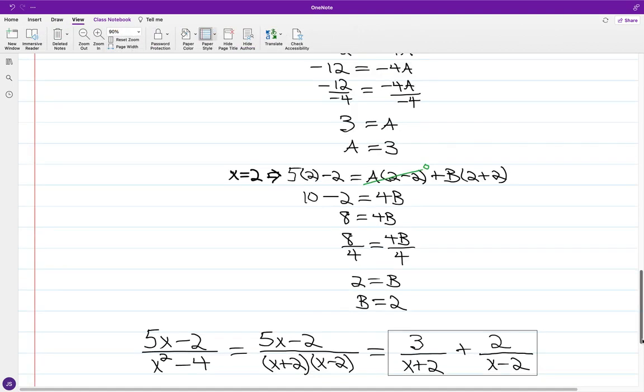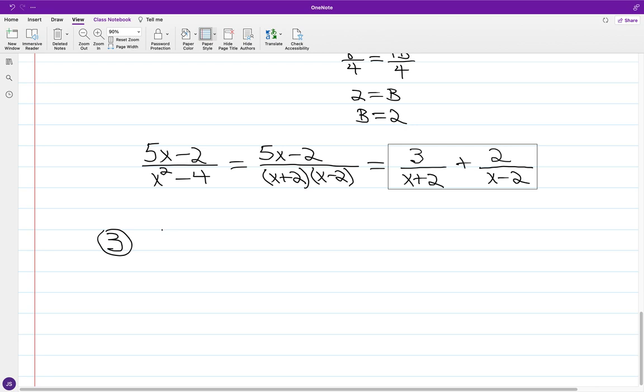Now, let's say we have the ratio 3x squared plus 4x plus 2 all over x cubed plus 2x squared plus x.